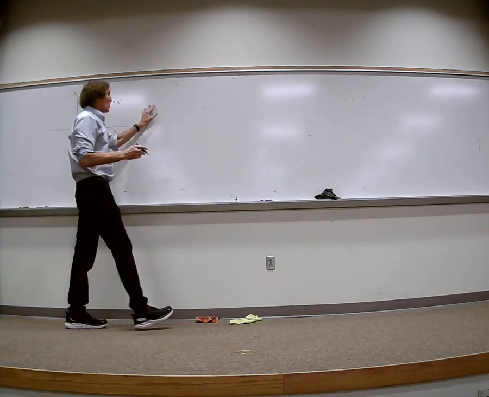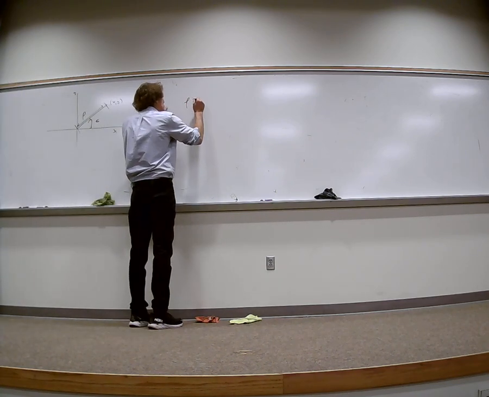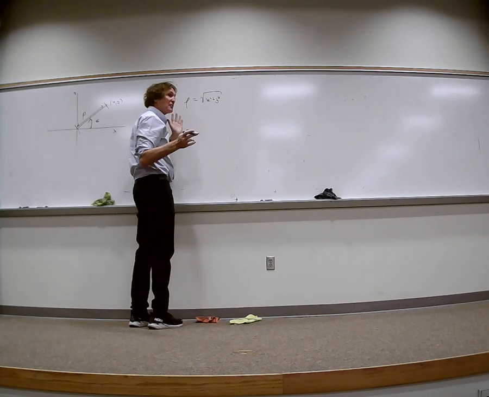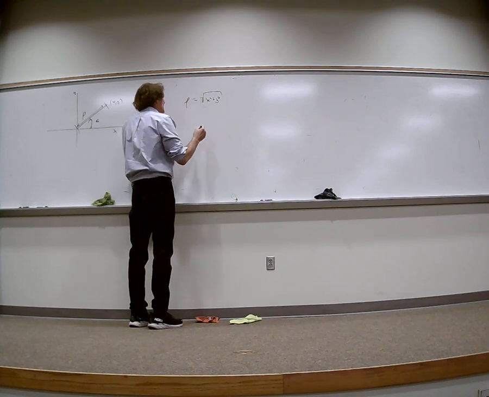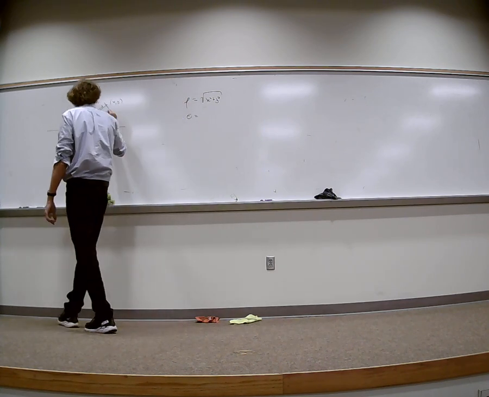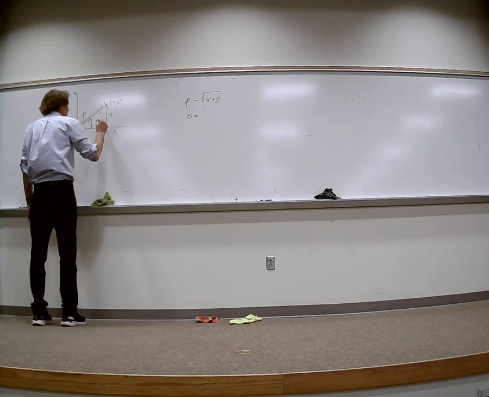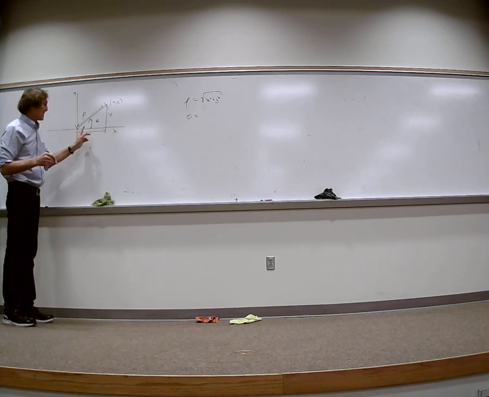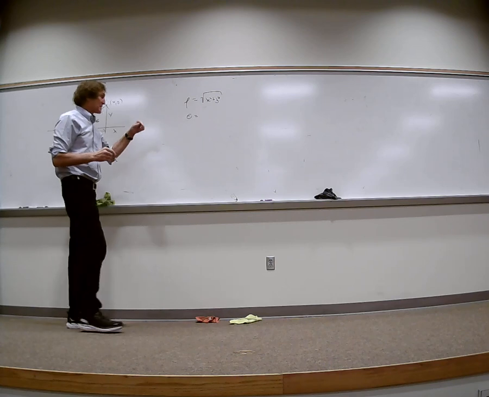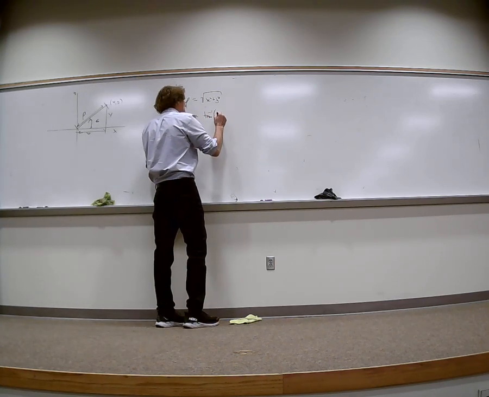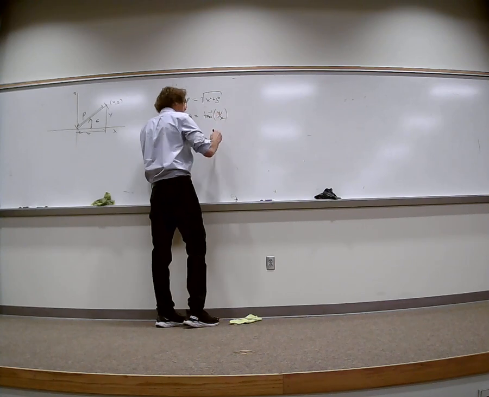All right, so rho itself would be equal to the square root of x squared plus y squared. That's strict magnitude, always positive. And the angle, theta, would be what? Well, if you look at this, the height of this is y, this distance is x. Therefore, the tangent of this angle would be y over x, right? Or this angle would be tan minus 1 of y over x, an inverse tan.